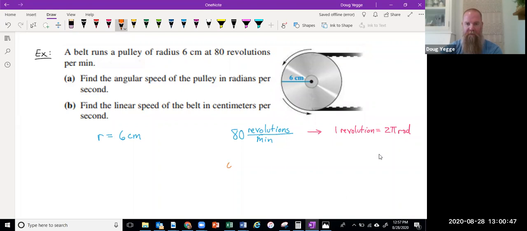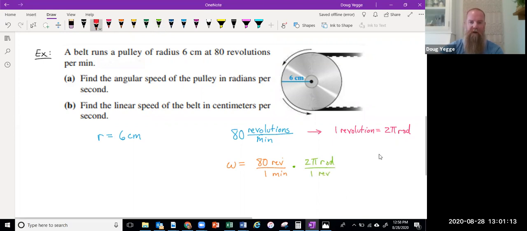So my radians per minute is going to be 80 revolutions per minute. Maybe I'll write it as revolutions per 1 minute. And then we can multiply by 2 pi radians over 1 revolution.